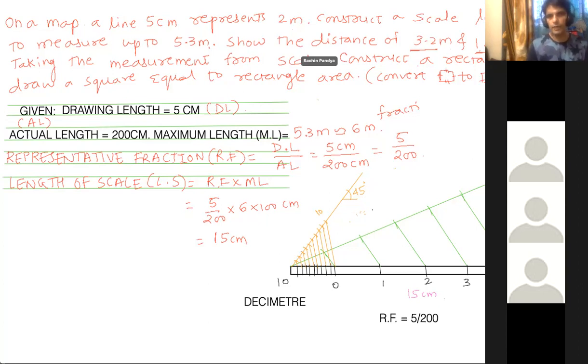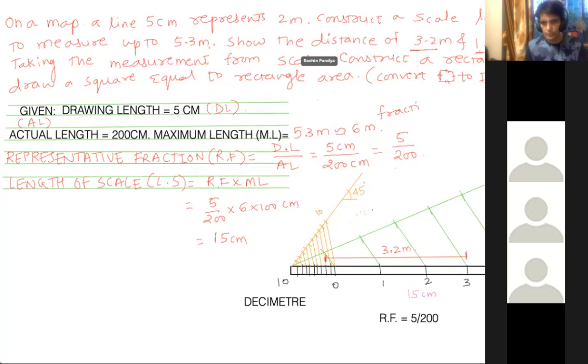Now what all we have to mark? We have to mark 3.2 and 1.6. So how will you mark 3.2? You take 3 from here and 1 and 2 from here. This is how you'll get 3.2. You take this distance. So this is 3.2 meter. Now you have to mark 1.6.